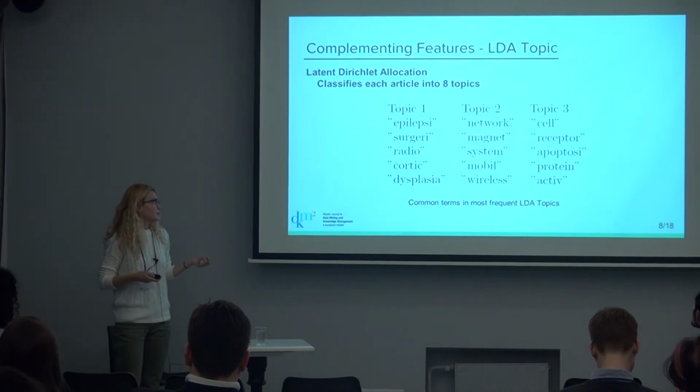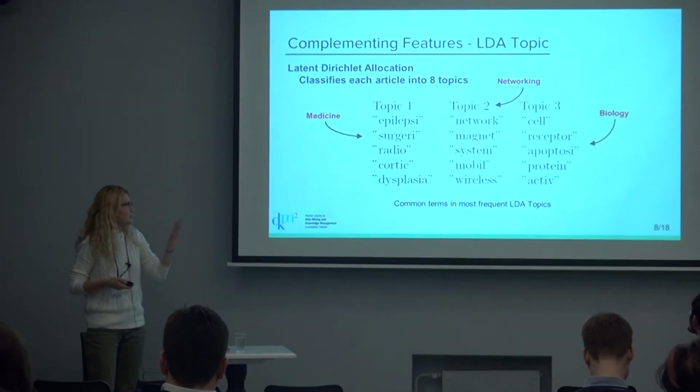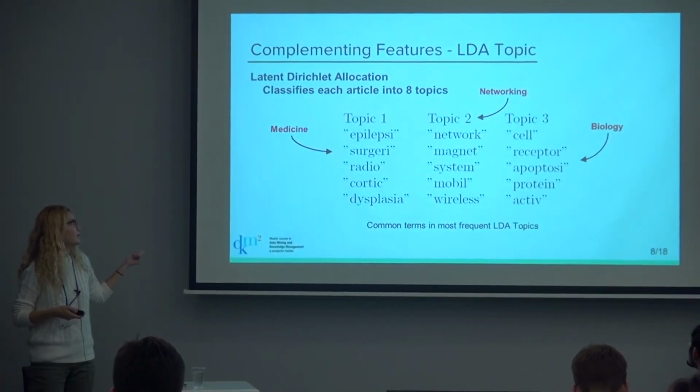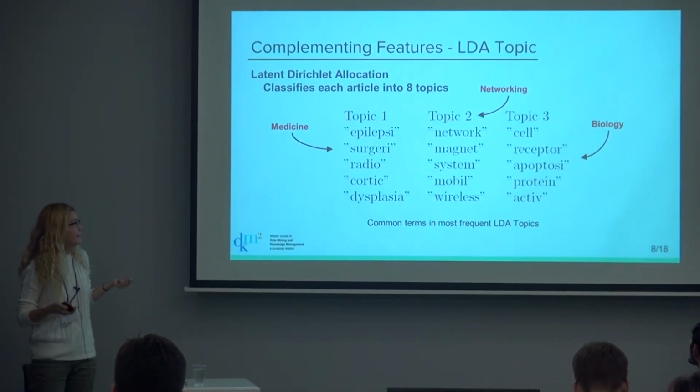These are the 3 most frequent topics with the most frequent terms, and we can assume that the first one is medicine, maybe the second one is networking, and the third one looks like biology. And we chose empirically the number of topics to be 8.